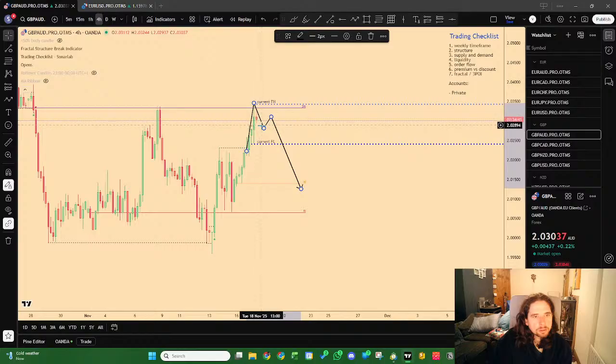Yeah, so it could take that fractal again and make a smaller fractal for a reversal, or it could go straight and take that fractal there.